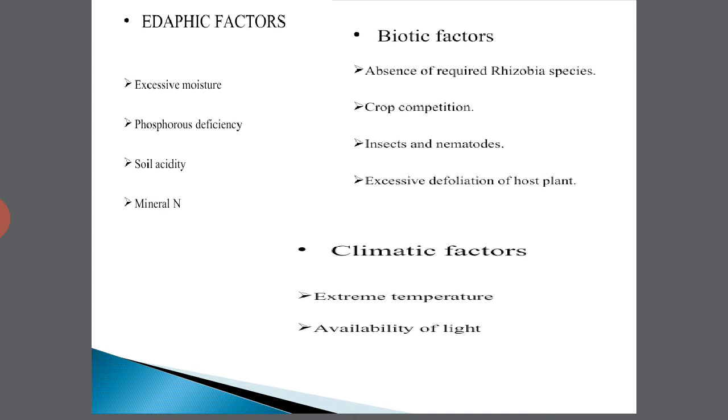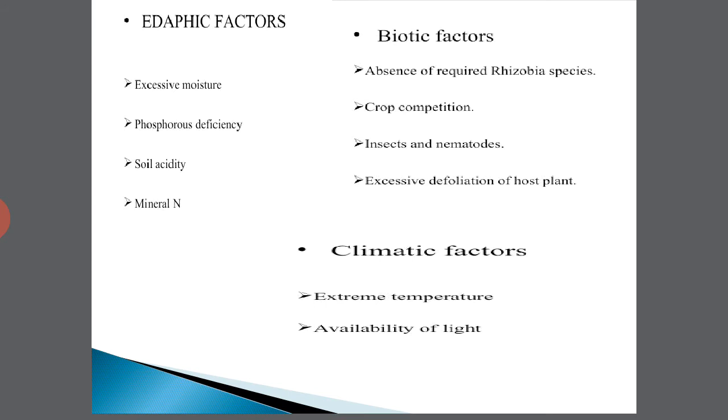The soil may have excessive moisture, a deficiency of phosphorus, and we consider the acidity and basicity of the soil and what percentage of minerals is present in the soil. Biotic factors, the second parameter: absence of required rhizobia species, crop competition, since more competition between the crops or growth of crops can also reduce the nitrogen in the soil, insects and nematodes, and excessive defoliation of the host plants.